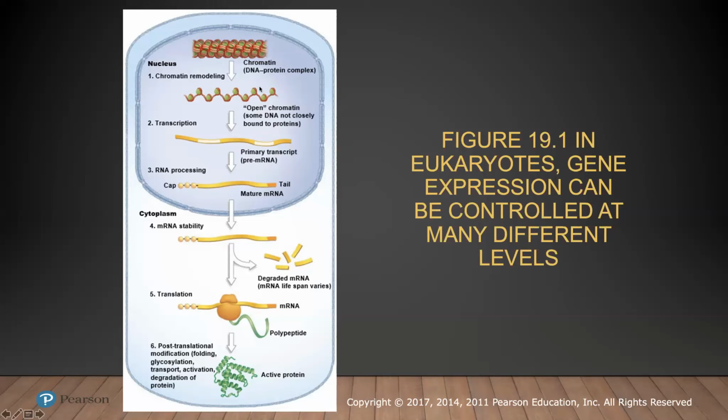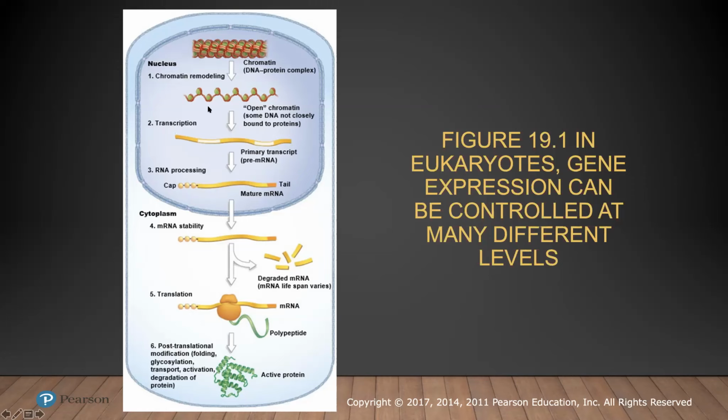So how do we control which genes are going to be expressed and which ones are not? As you can see, the first thing that has to happen in this control process is chromatin remodeling, right? And this is what's going to open up a particular gene sequence from within this chromatin structure that we have.